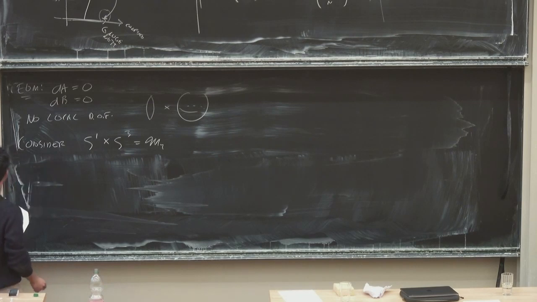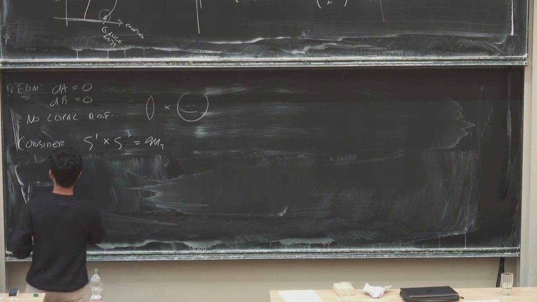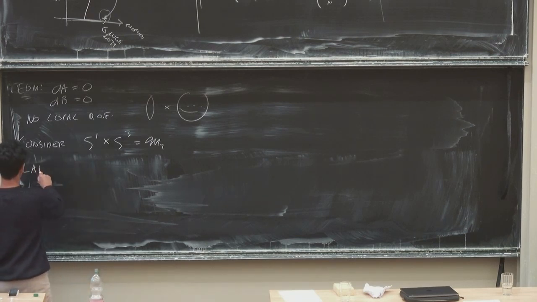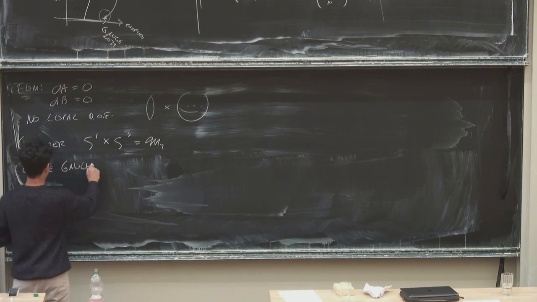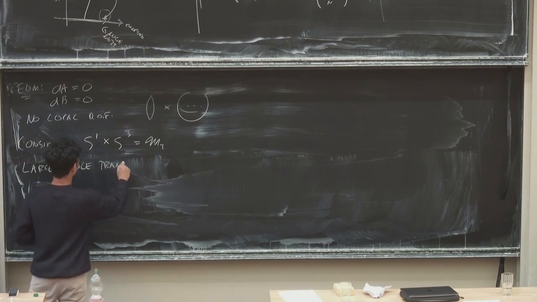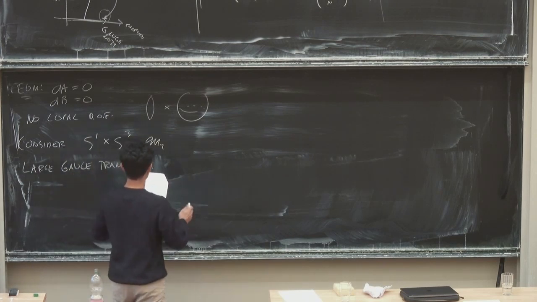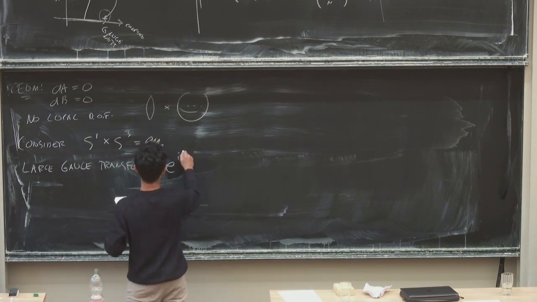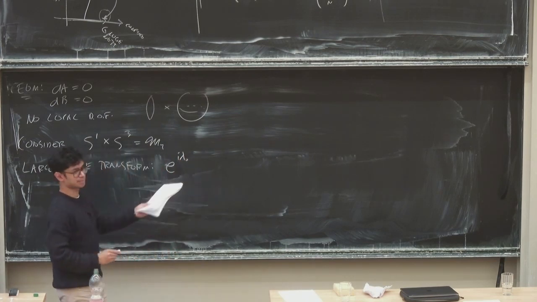Now, these are compact gauge fields. In other words, the gauge parameter is not really lambda, but its exponential. e to the i lambda is the real gauge parameter. And let's do the following large gauge transformation. This is a gauge transformation of the one-form field. I'm going to do a gauge transformation by e to the i lambda naught. This is the gauge parameter.